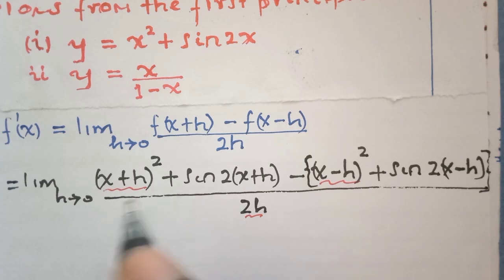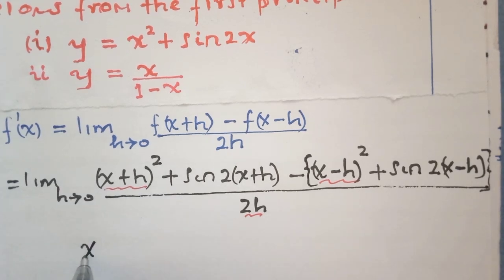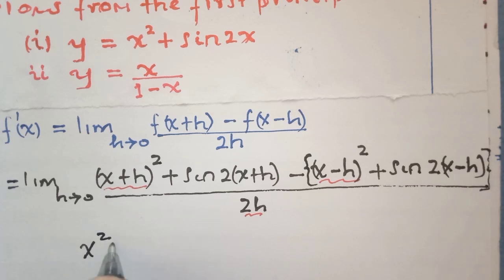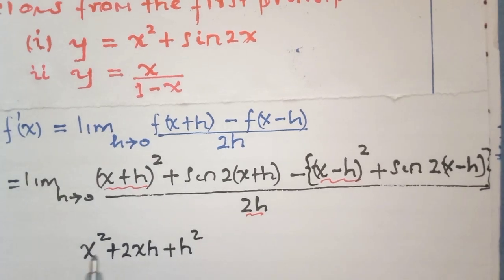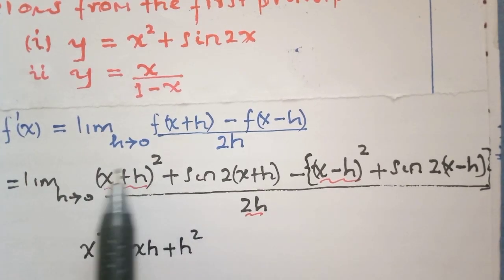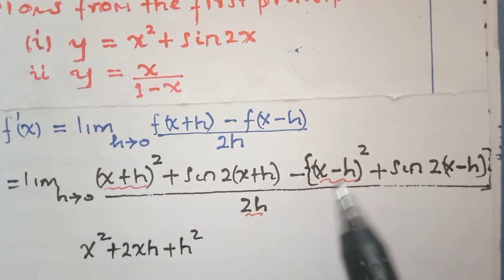For the first one guys, I can leave out this but I'll put it later. So we shall have x, we square that, you'll have x squared plus 2xh plus h squared. Guys, I've just expanded this one offhand. You can expand and see what you shall get.